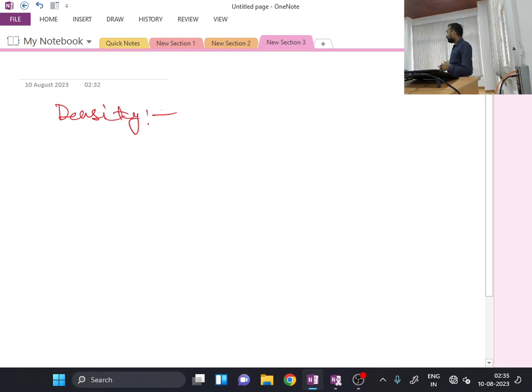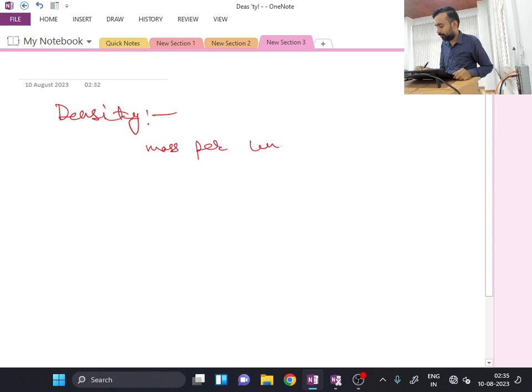Okay. So, typically, density of a fluid is defined as the ratio of mass per unit volume. Okay, so that is the standard definition of density.